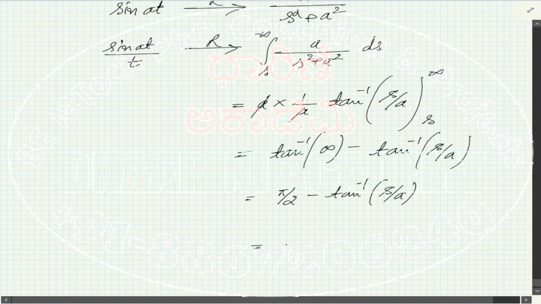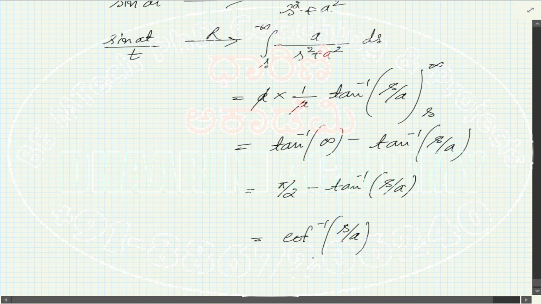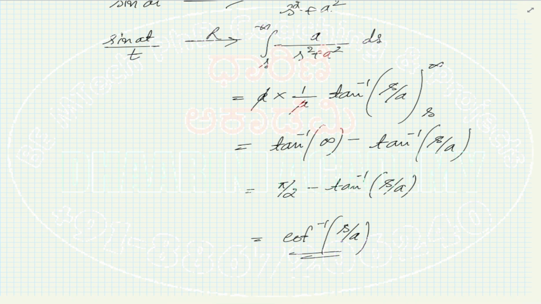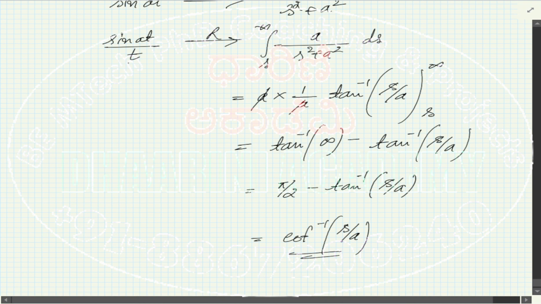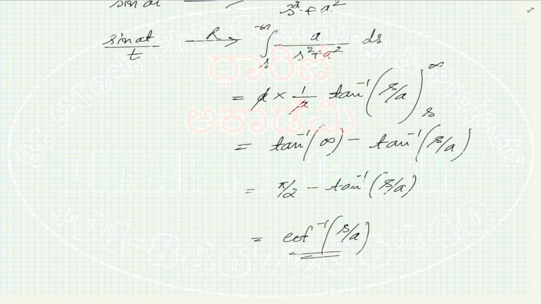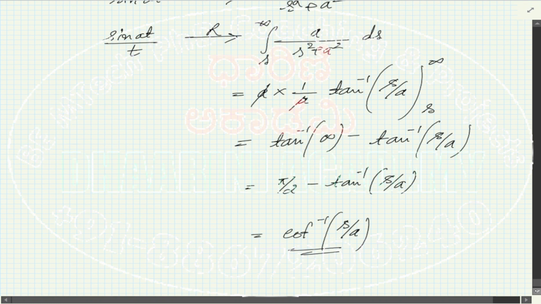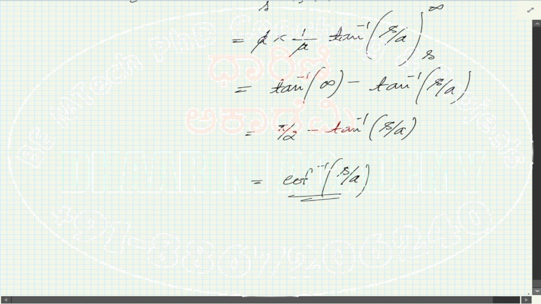So this is cot inverse of s by a. This is the Laplace of sine at by t. I have another term coming up. Once you have this, if I want to multiply this function by e to the 2t, in the next step, to this function I'll apply e to the 2t.